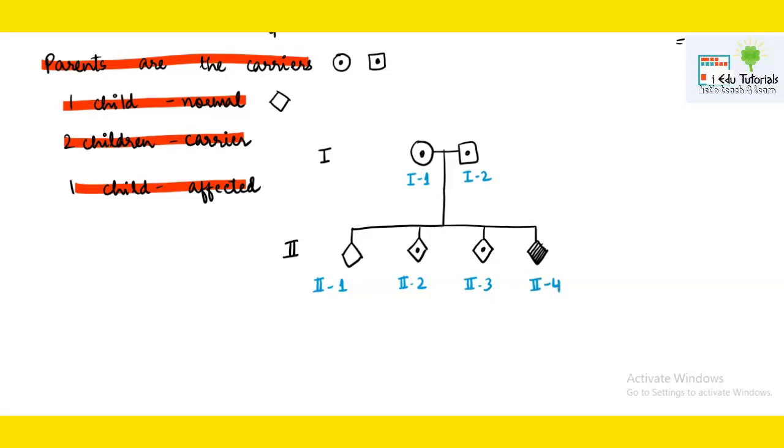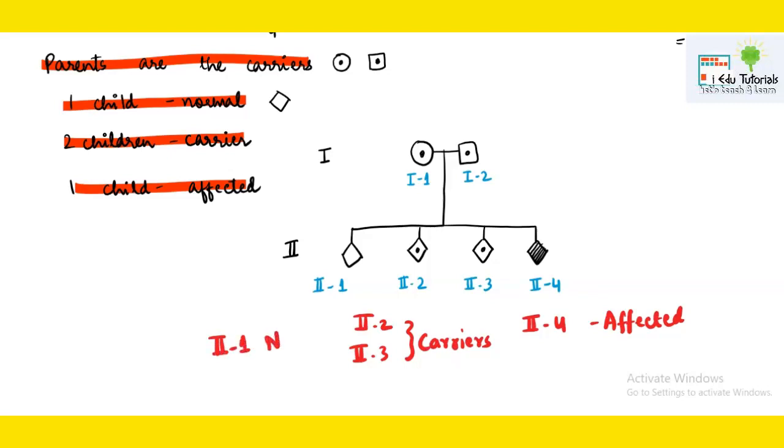So we can also write this as II-4 is affected. We can also write II-2 and II-3 are the carriers, and II-1 is the normal child, right? So this way you should know how to draw a pedigree chart.